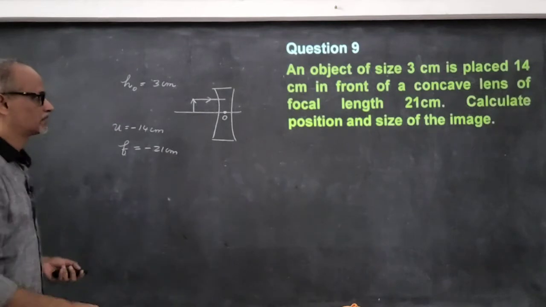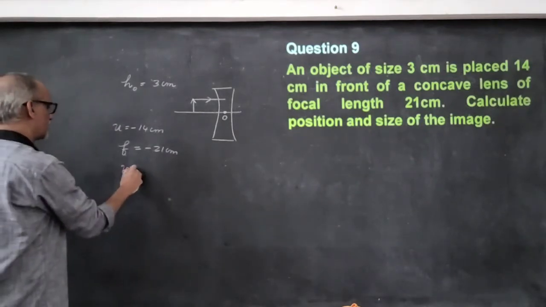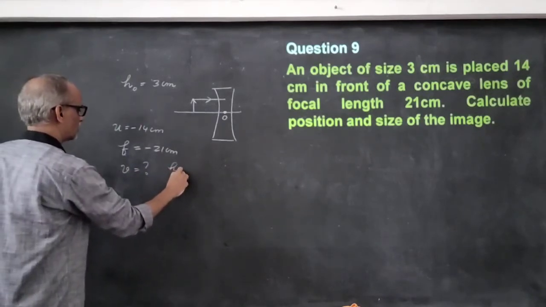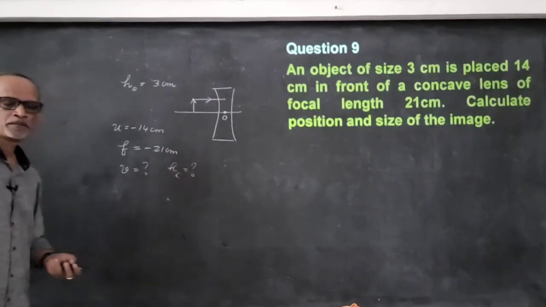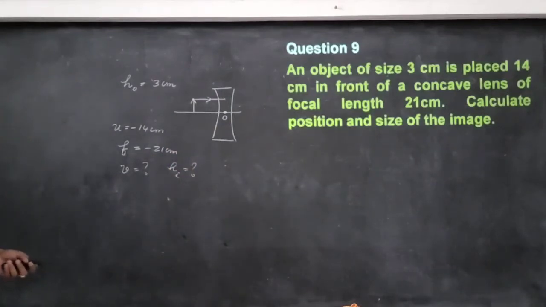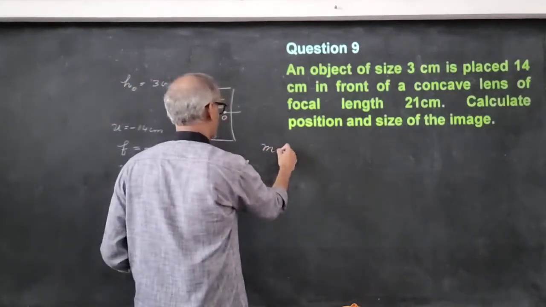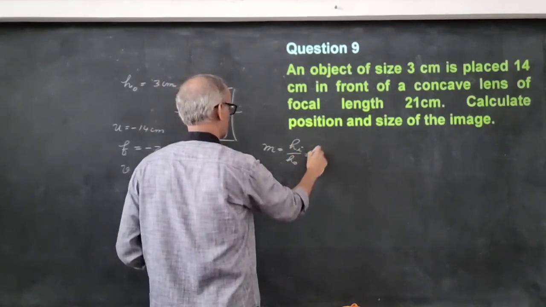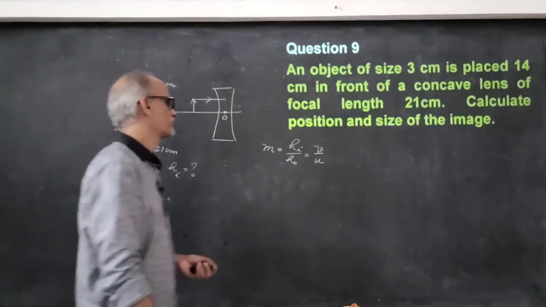Focal length is negative for a concave lens. Calculate the position and size of the image. So, you have to find the position, meaning v, and we have to find hi, the height of the image. Now, the relation for the height of the image is given by magnification, which is always the height of the image to the height of the object, which is also equal to the ratio of the image distance to the object distance.